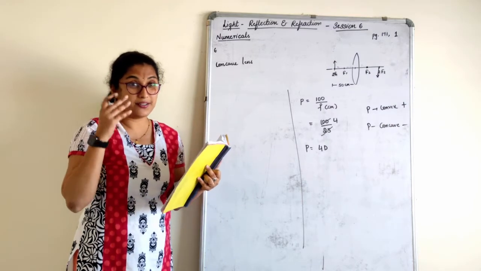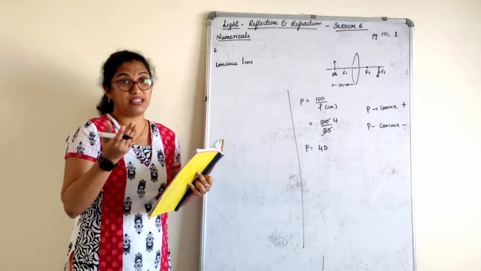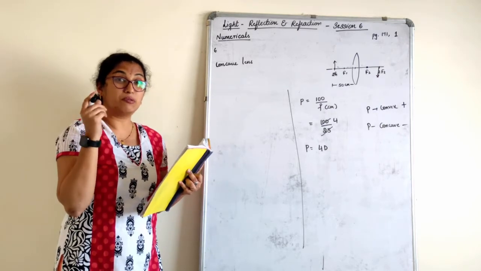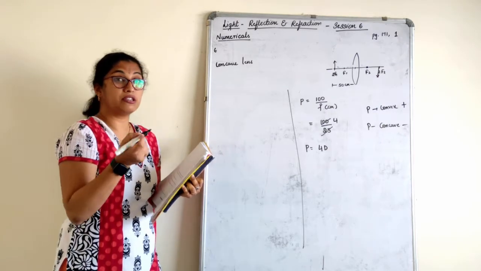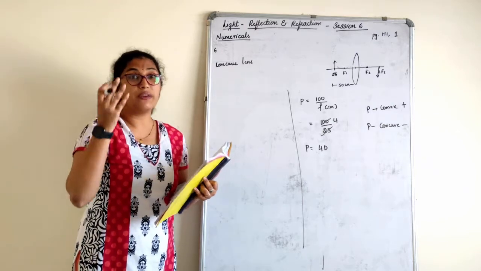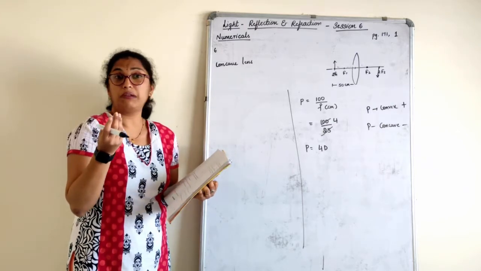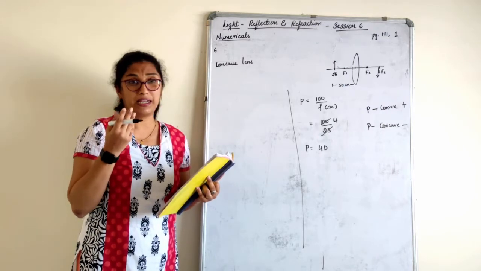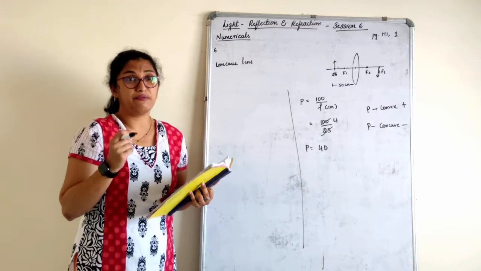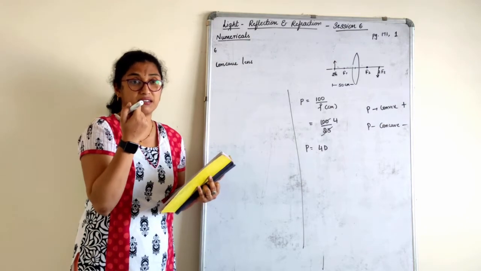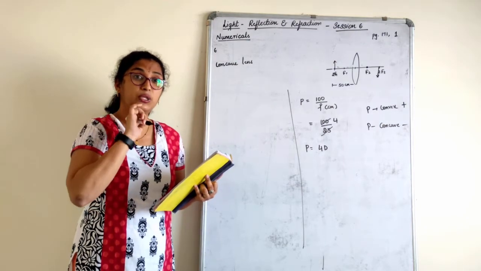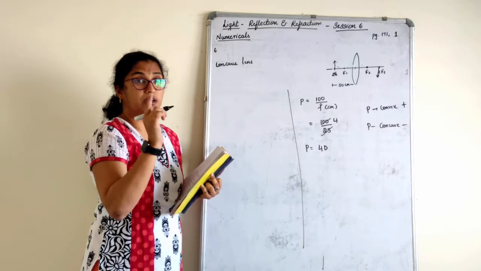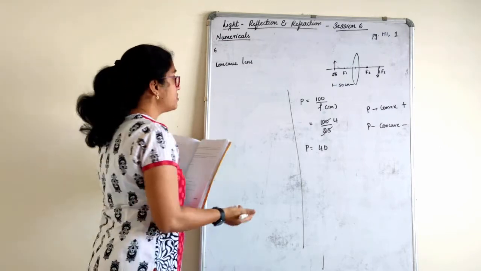For mirrors we talk about reflection instead of refraction. Power is only in the case of lens because light has to enter inside. We wear spectacles, made of glass or some other transparent material wherein light can enter. When light enters, it will refract. That is what is required, a transparent medium.